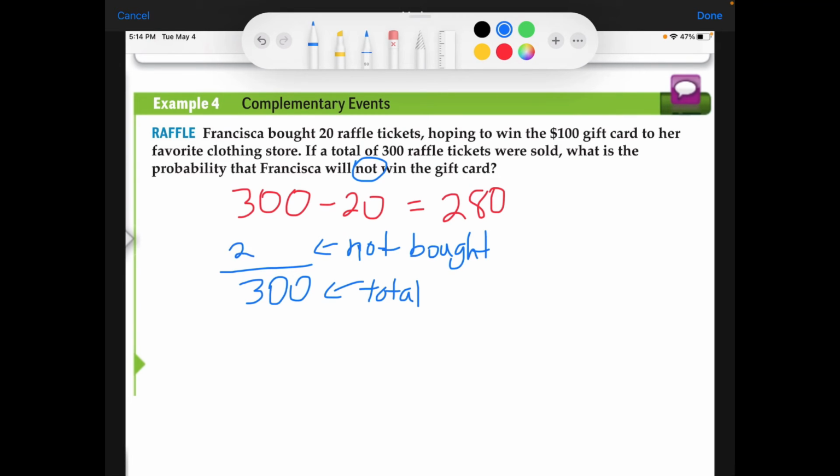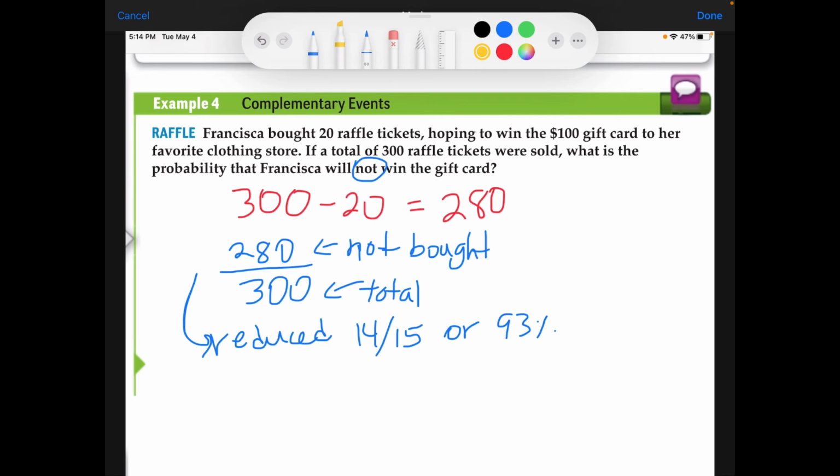That would be 280. So this is the probability of her not winning, right? 280 out of 300. So this can be reduced to 14 over 15. Or about, in percent, this would be about a 93% chance of her losing. So that's not a very good chance of her winning, right?